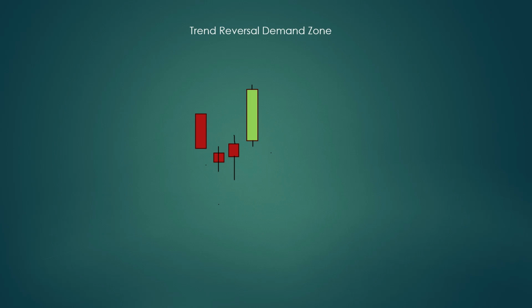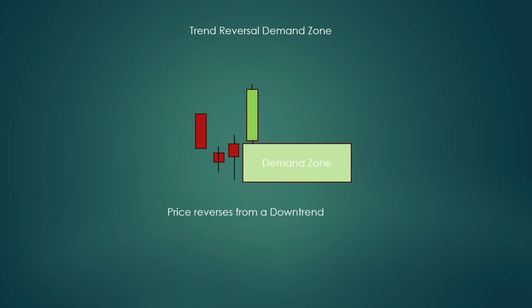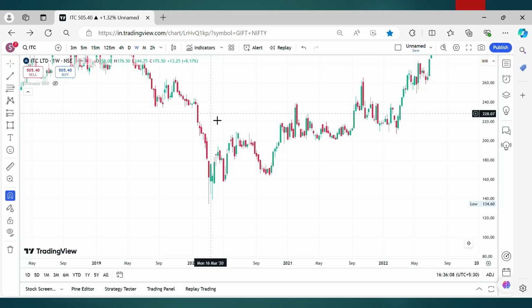Later they decide to push the price upwards, and that is signified by a big healthy green candle. So the price will reverse from a downward trend in this case, and the period of indecision is the demand zone we are looking at. In case the price revisits this zone in the future, the price is likely to gain momentum upwards.